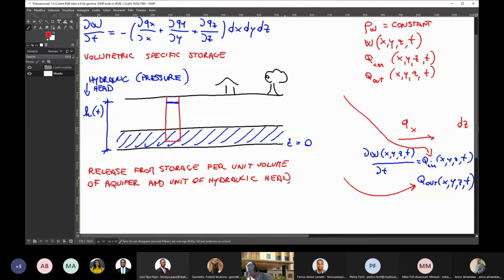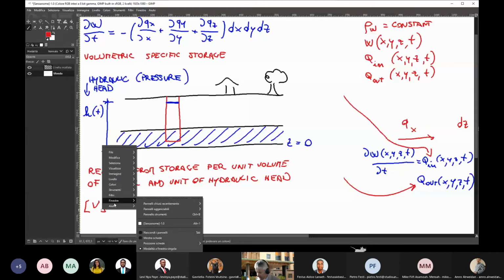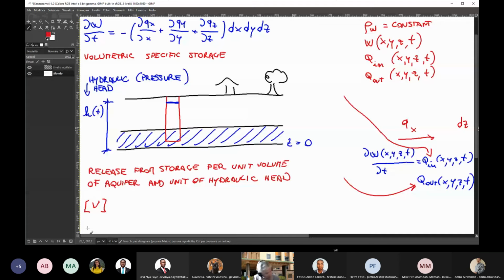So what is the unit of this volumetric specific storage? In my web pages, I called it SS. The unit of SS is 1 over length, okay? 1 over length. So what happens when I take water from a well?